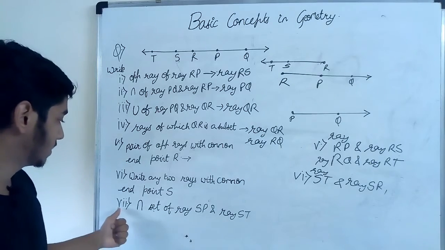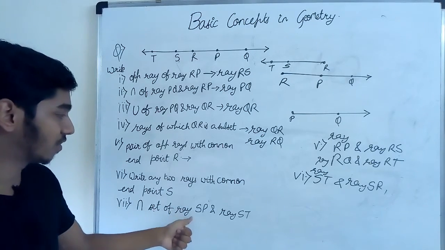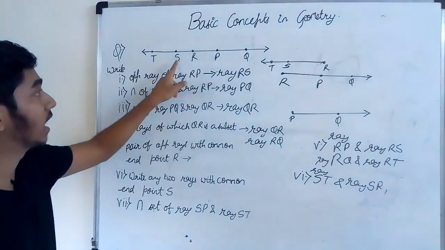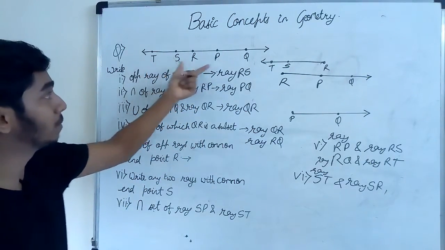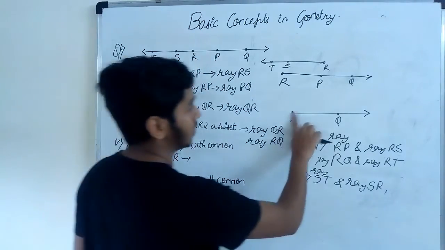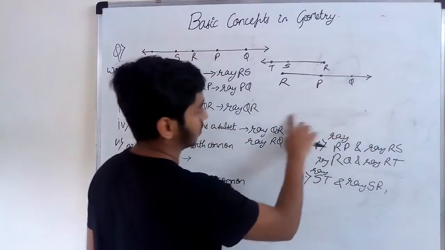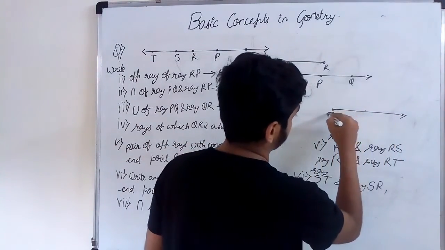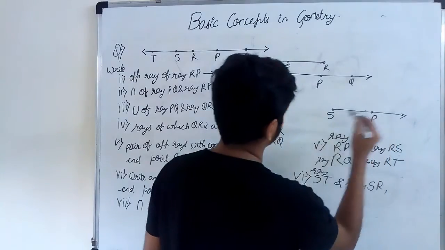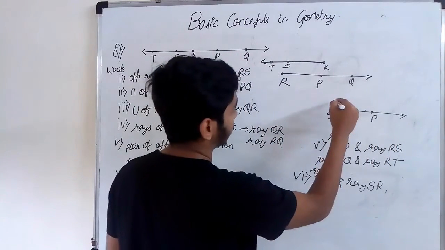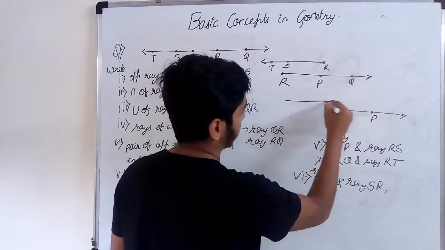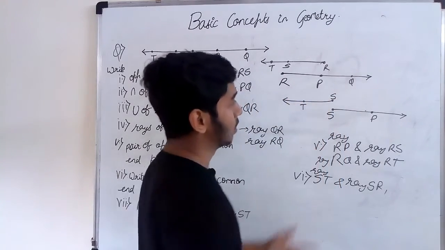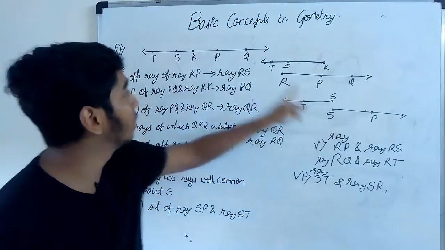Then the last one, which says the intersection set of ray SP and ray ST. So the intersection between SP and ST, let's draw it here. If you see, there is no common point.